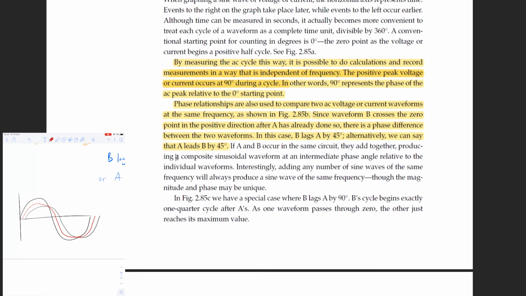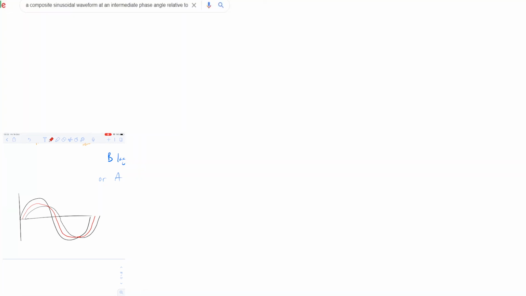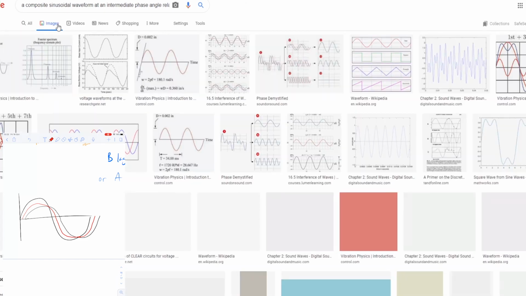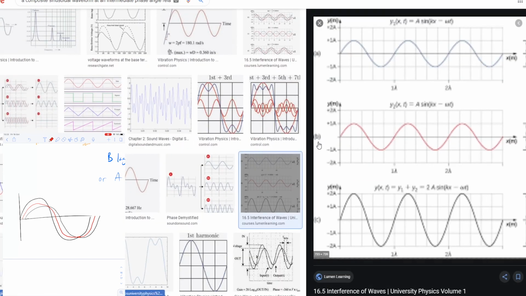A composite, let's just Google this. A composite sinusoidal waveform at an intermediate phase angle relative to the individual waveforms. Okay, here.